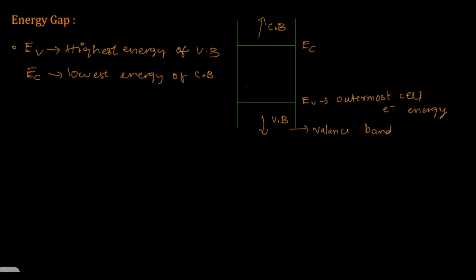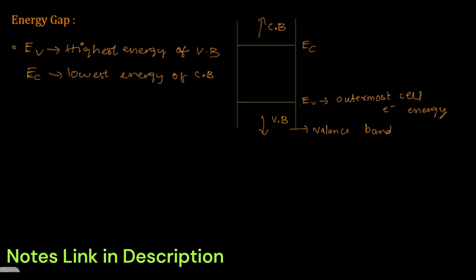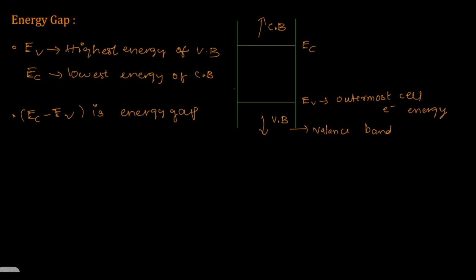The energy required for that electron to break its covalent bond and reach the conduction band is the difference between EC and EV, and that is my energy gap. I think you understood what the energy gap is.